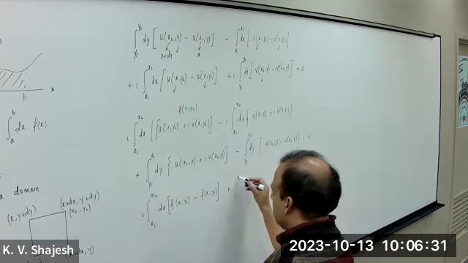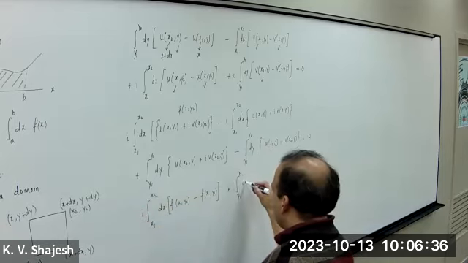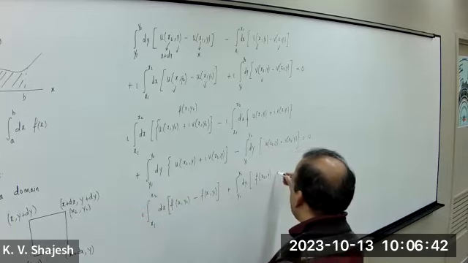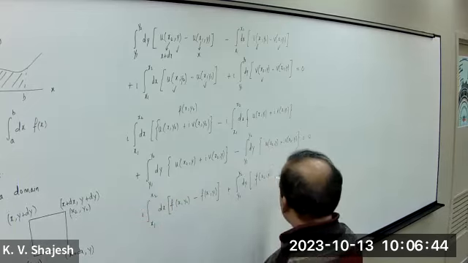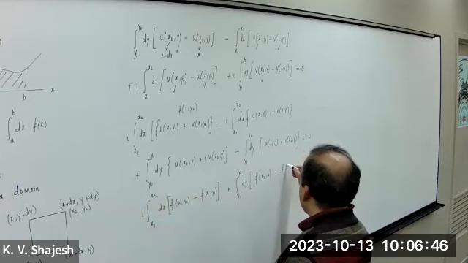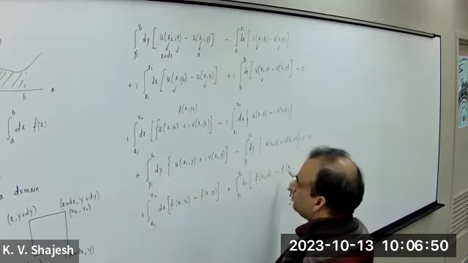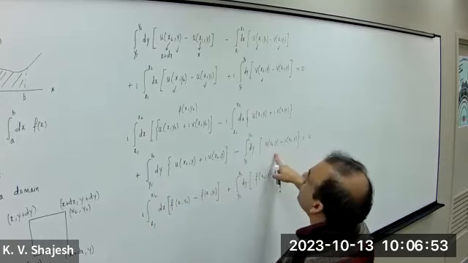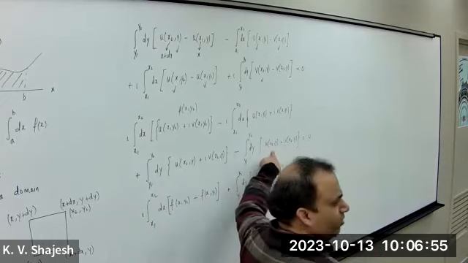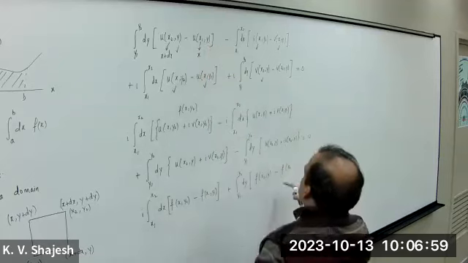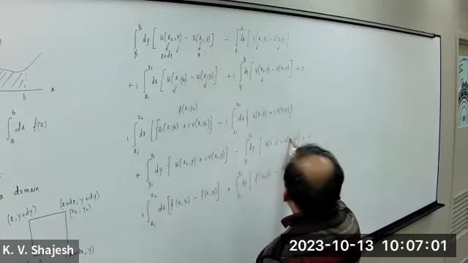Right? So this is y1 to y2, dy, and here it is f of x2 comma y minus presumably minus f of x1. This was x1, right? When I collected the last ones here, this should have been an x1.